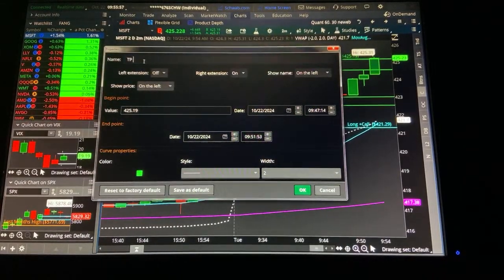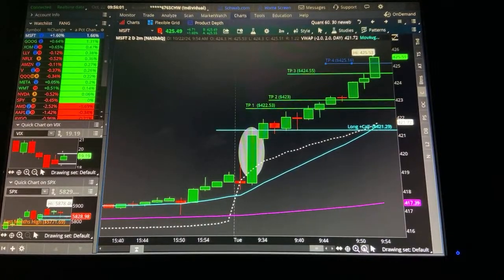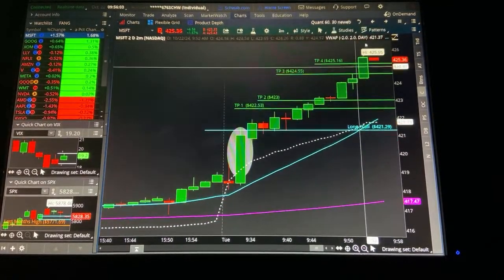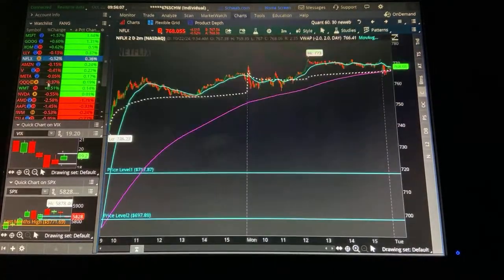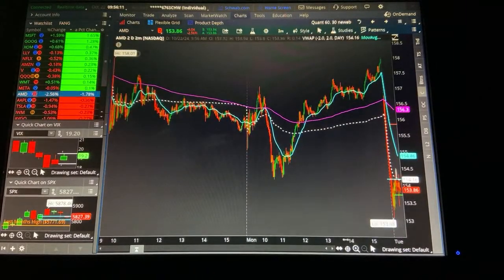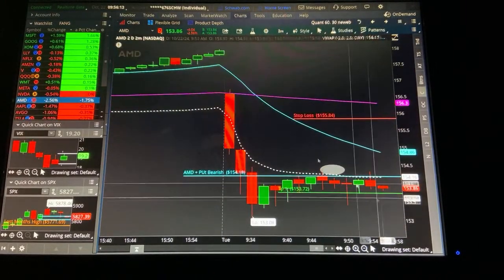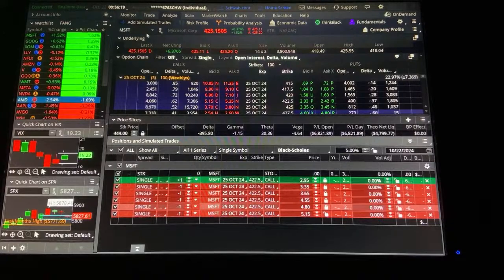Excuse my French. Jeez, Microsoft. Anybody catches this Microsoft here? Monster play. Microsoft printing fives.